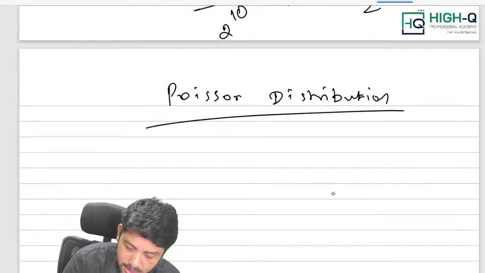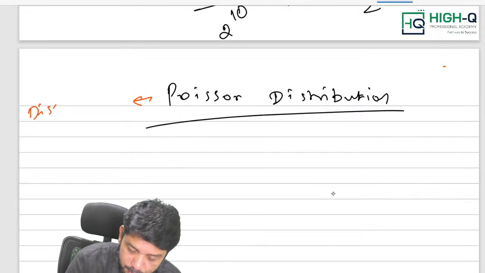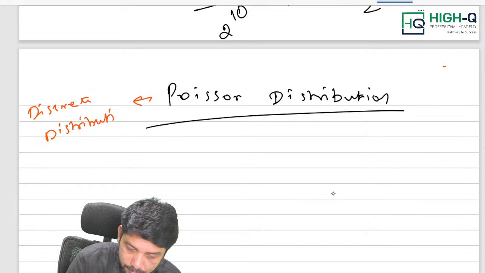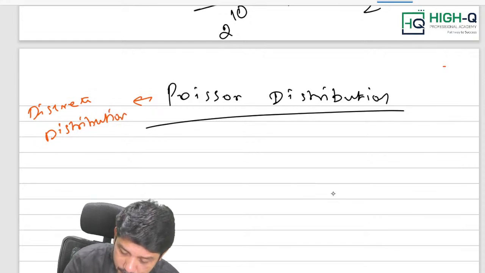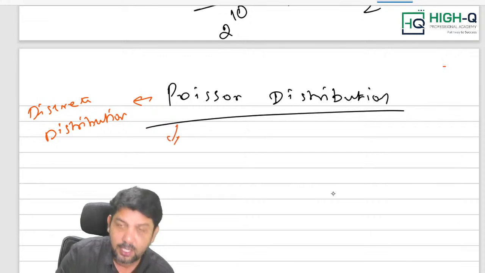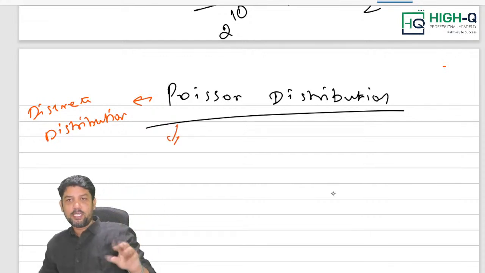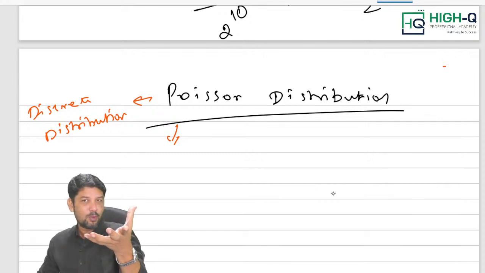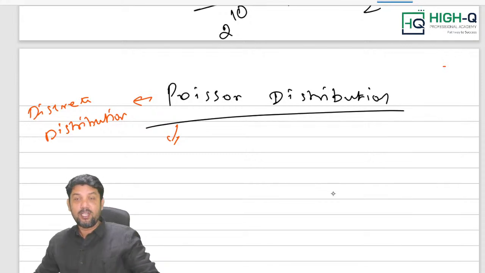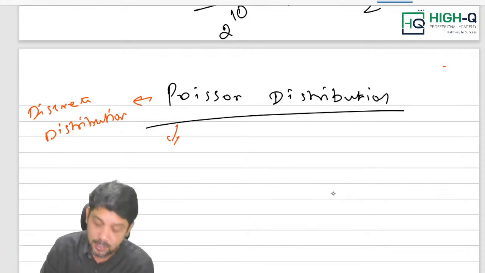Poisson distribution is a discrete distribution. Binomial is also a discrete distribution, so what is the difference? Binomial distribution is only for finite trials. Here, if there is an infinite number of trials, Poisson distribution is to be used.